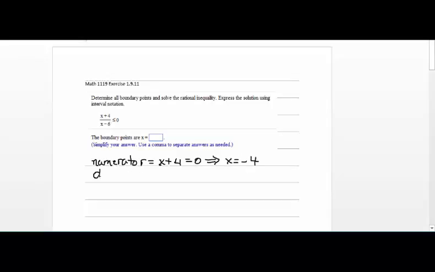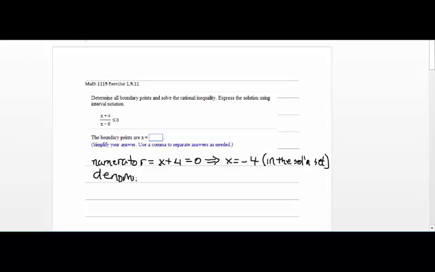Since this inequality has the equals to in it, the boundary point that makes the numerator 0 will be in the solution set. If that equals sign wasn't there, this negative 4 would not be in the solution set.